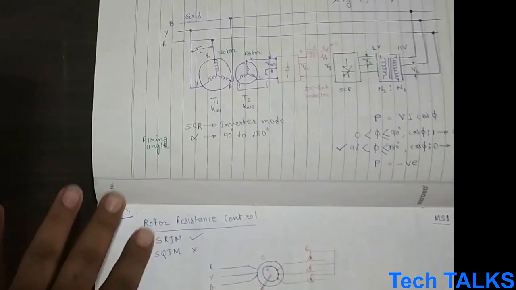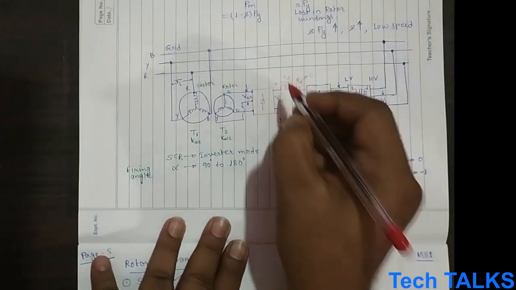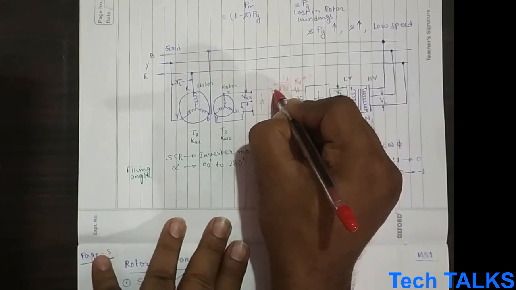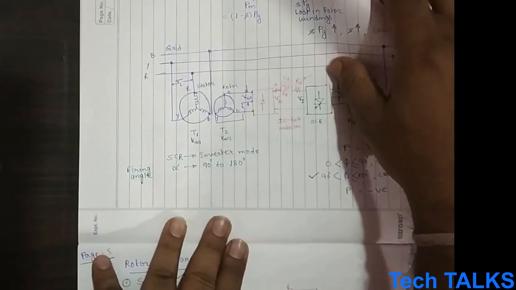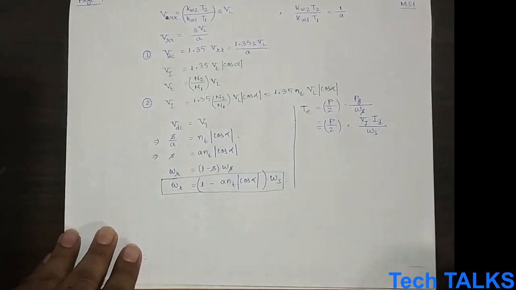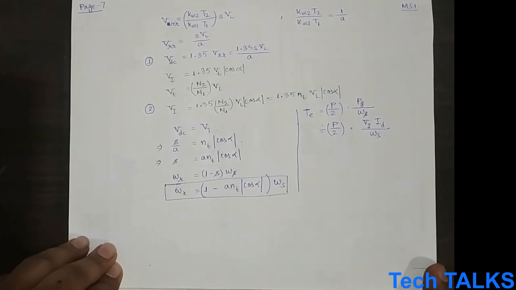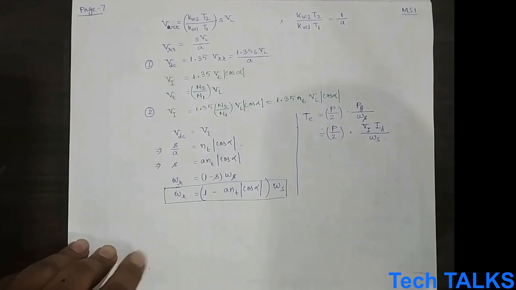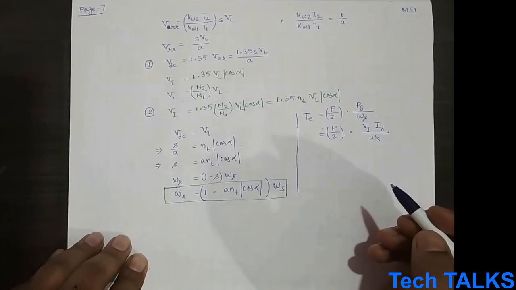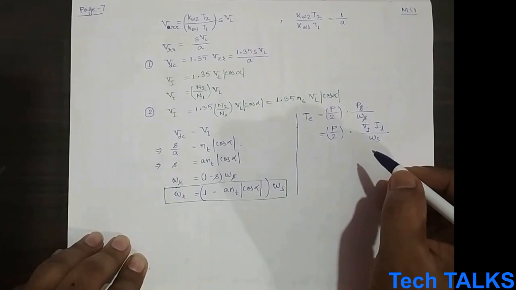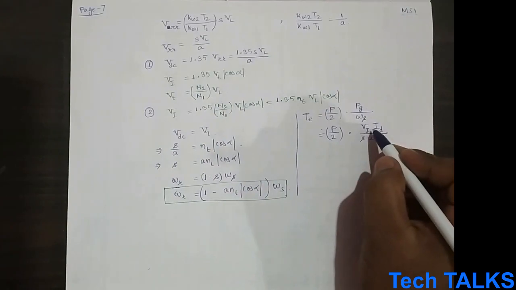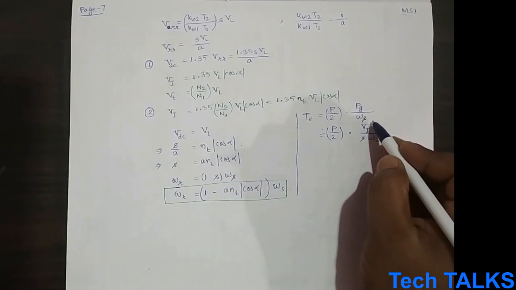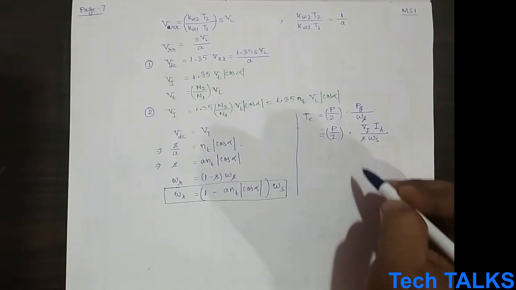This ID is actually the current going in this direction. It is ID, DC current, DC link current. By S omega S, because this power will be multiplied by a ratio S.